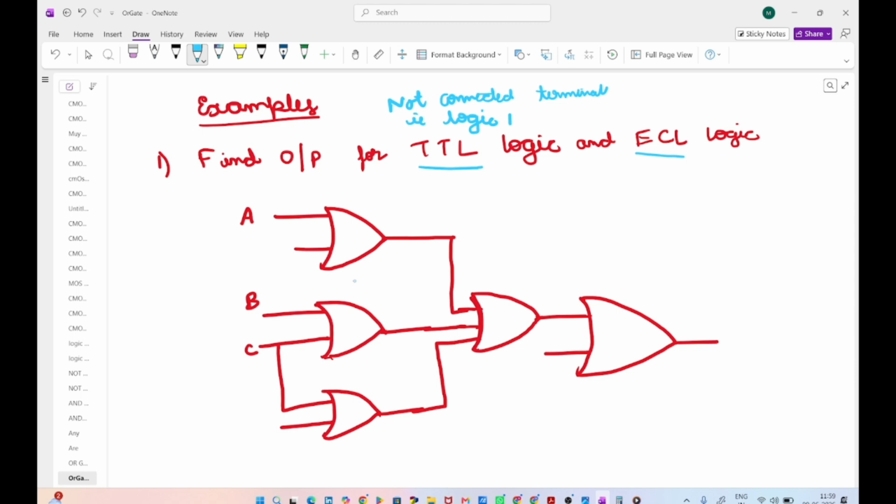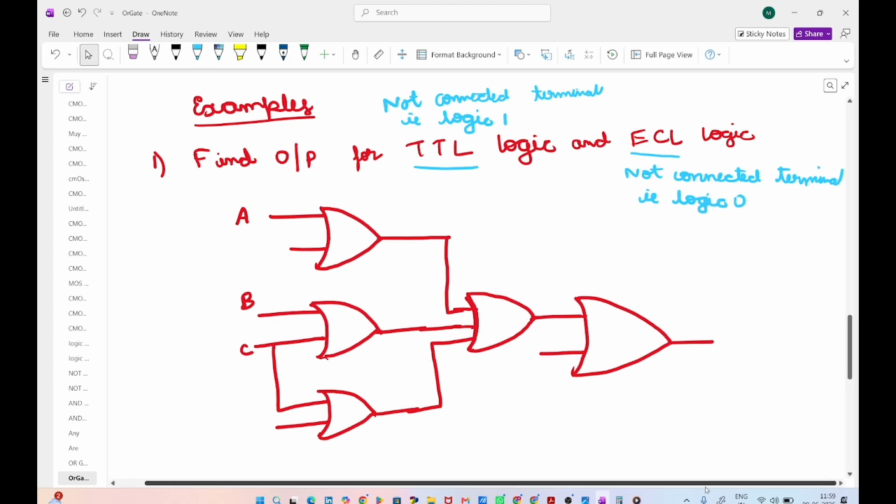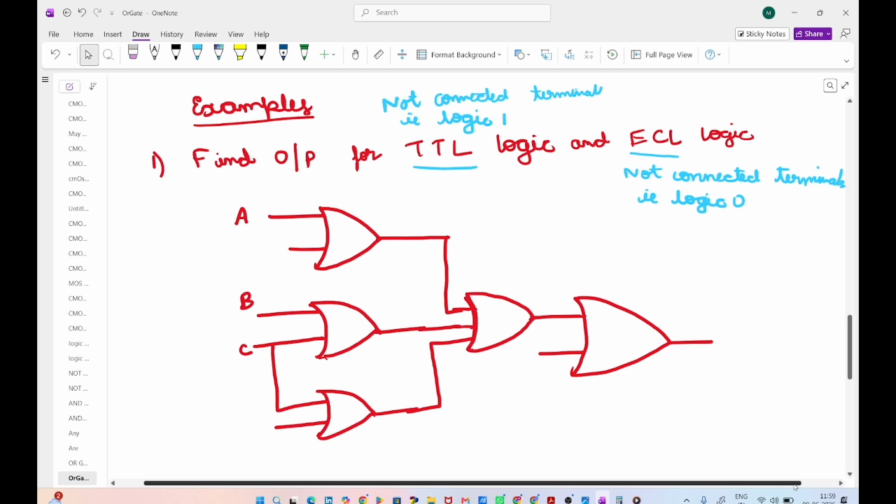For the ECL logic, not connected terminal is logic 0.